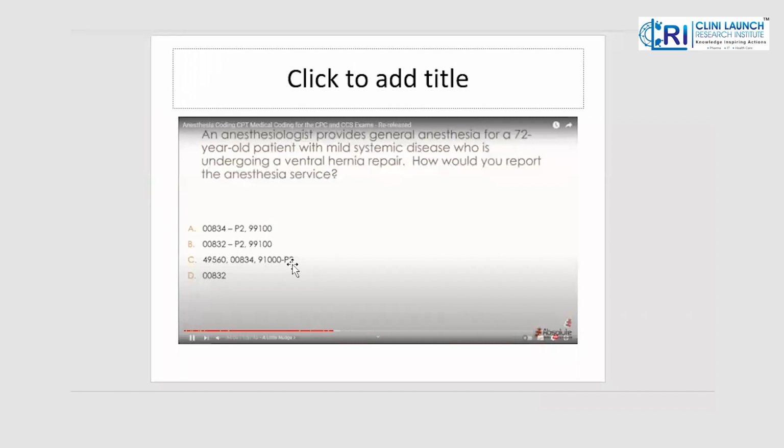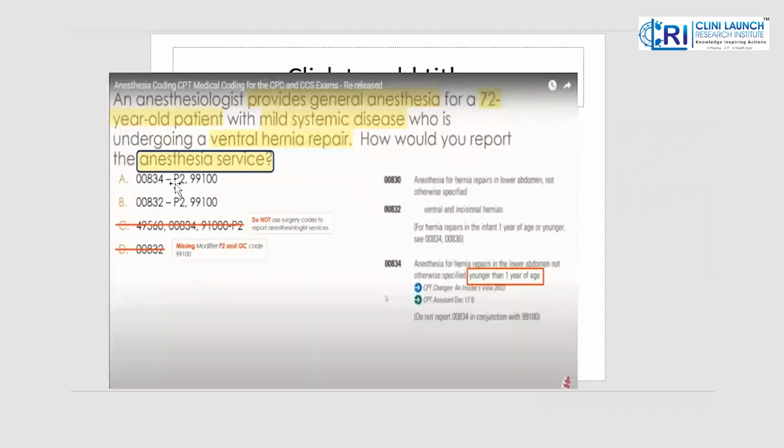But in the third option also you have P2. But here there is a surgery code. Correct? So, 00 is the start of the anesthesia code. But here they have also given the surgery CPT code, but they have not asked for the surgery code. Only they have asked to report the anesthesia service. So we will delete this and this. Okay. So go for the other two options.